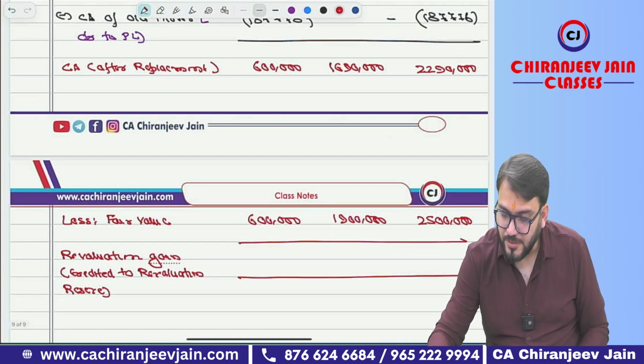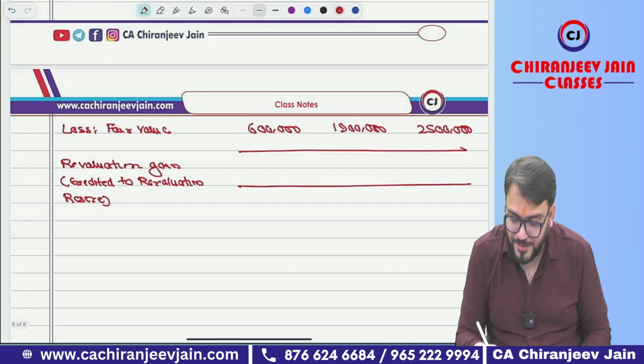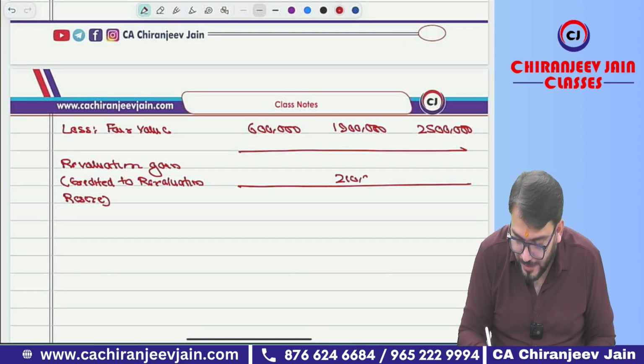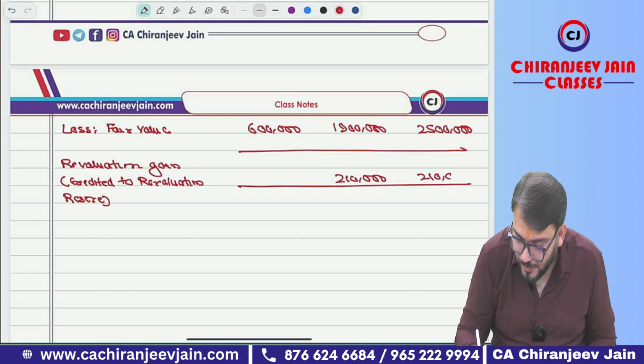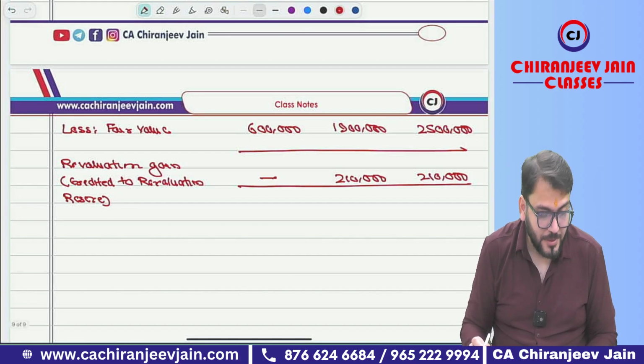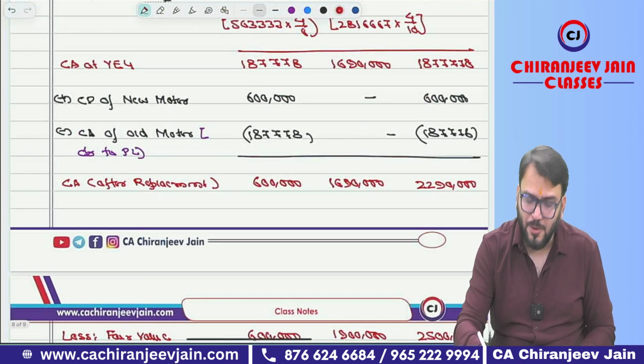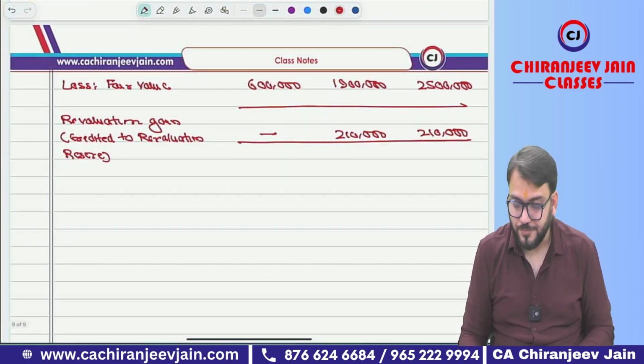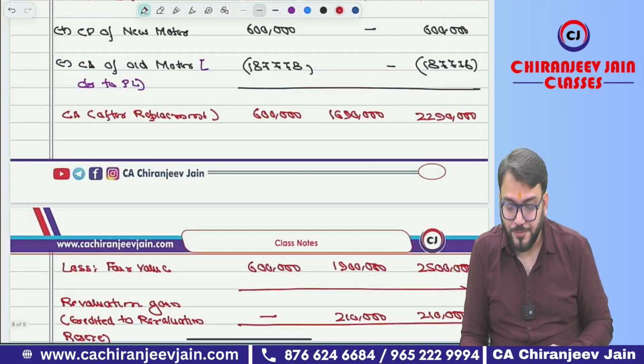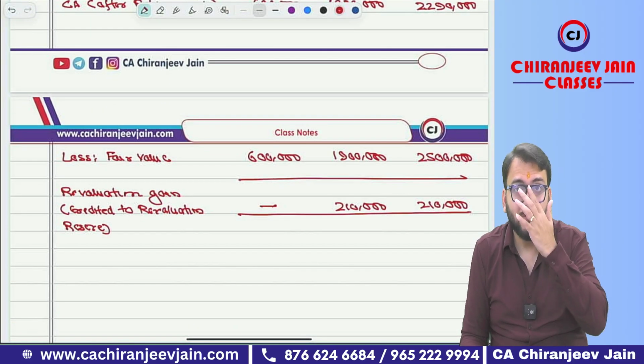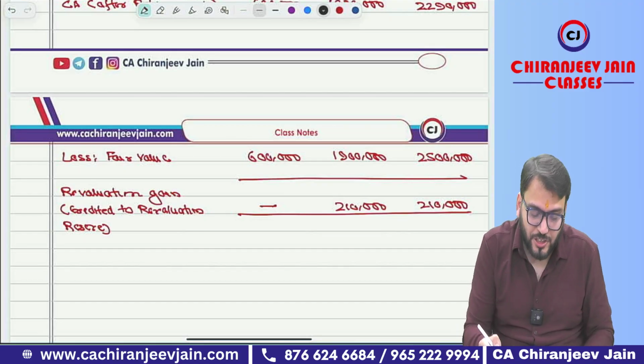That is 19 lakh minus 16,90,000, that is 2,10,000. So 2,10,000 will be credited to revaluation reserve. Okay, sir. Understood. I hope you have understood this calculation. Any doubt? Chalega. Means only for your understanding.